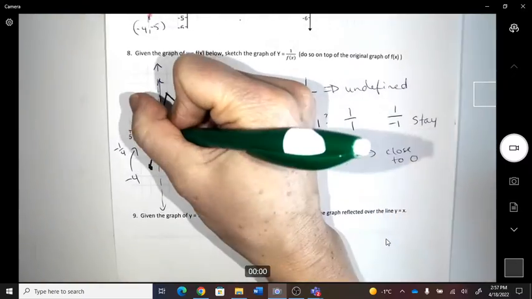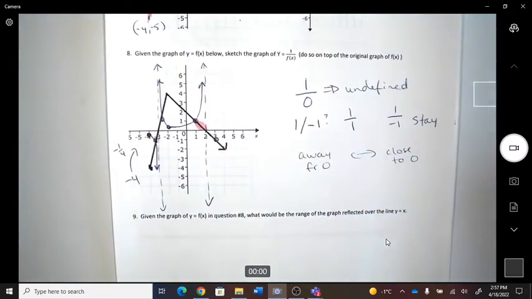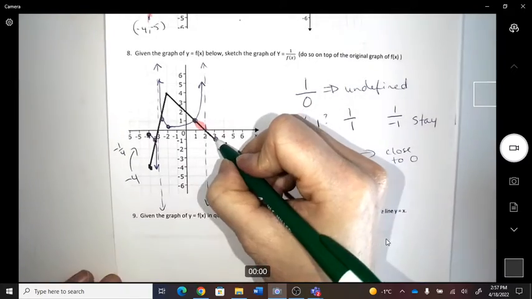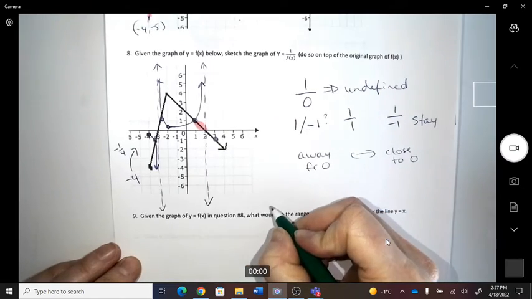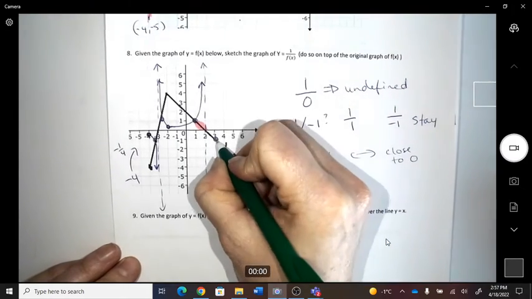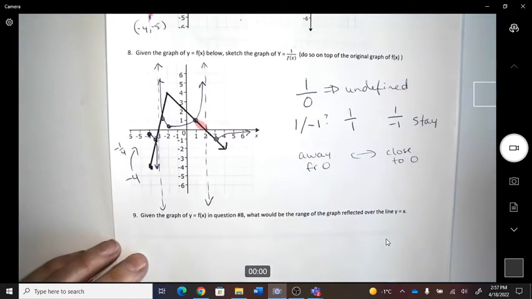And then since it's the highest, now I'm going to drop. Closer to 0 means move away from 0. And then this section, this arrowhead is going away from 0, so I'm going to move closer to 0.